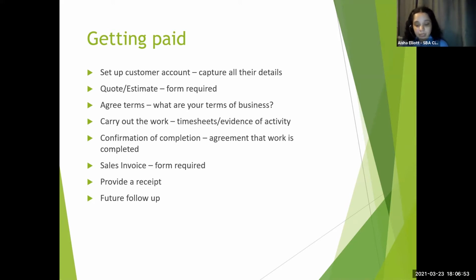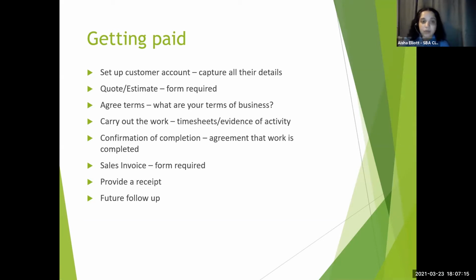Provide an invoice so that you can take payment. Provide the customer with a receipt so they have proof that they've made a purchase from you, and being sure that you follow up in the future. So following up doesn't bring money in immediately, but it reminds your customers that you're there and can create repeat business.